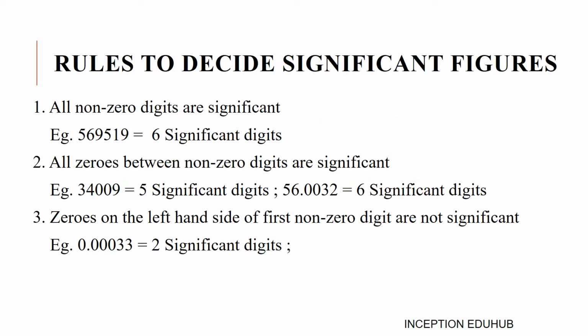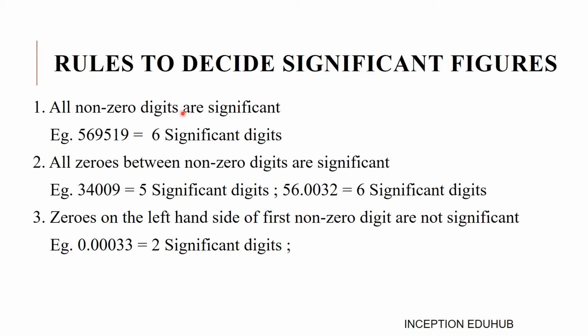There are certain rules to decide the number of significant figures in a number. For example, all the non-zero digits of any number are always considered significant. By significant, we mean which figures we are going to consider as important in a number, which figures we can ignore, which figures we can round off, and so on.